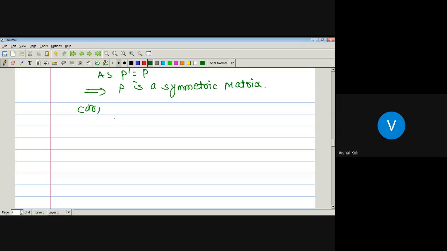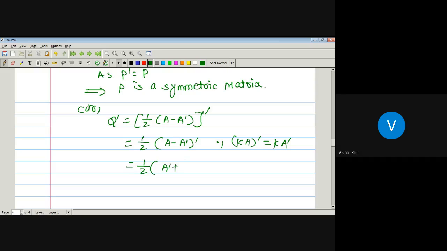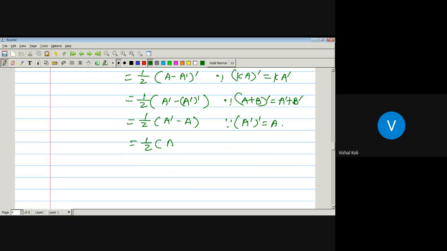Consider Q transpose, which is equal to (1 upon 2 (A minus A dash)) whole transpose, which is equal to 1 upon 2 (A minus A dash) transpose, since the transpose of K times A is K times the transpose of A. Now the transpose of (A minus A dash) is A transpose minus (A dash) transpose, using that the transpose of (A plus B) is A transpose plus B transpose, which is equal to 1 upon 2 (A dash minus A), since the transpose of the transpose is the original matrix.